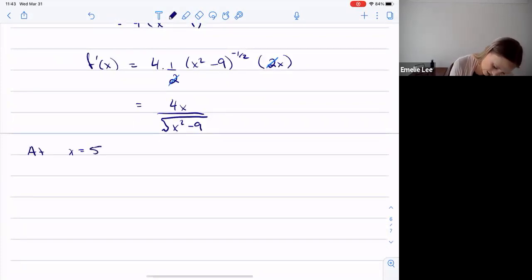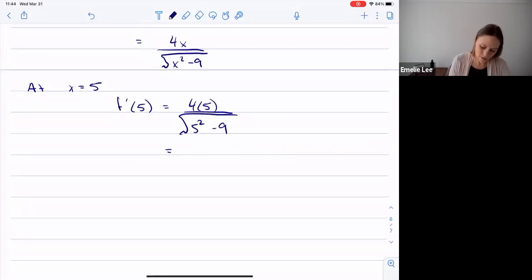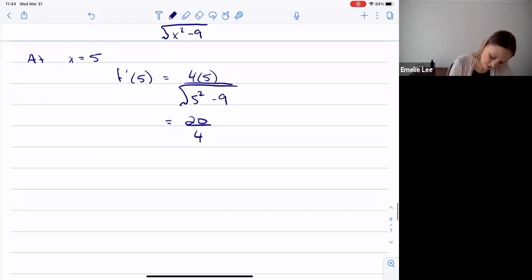At x equals 5, f prime at 5 is 4 times 5 over the root of 5 squared minus 9. So 20 divided by the root of 25 minus 9. 25 minus 9 is 16. Square root of 16 is 4. So I get a nice slope of positive 5.